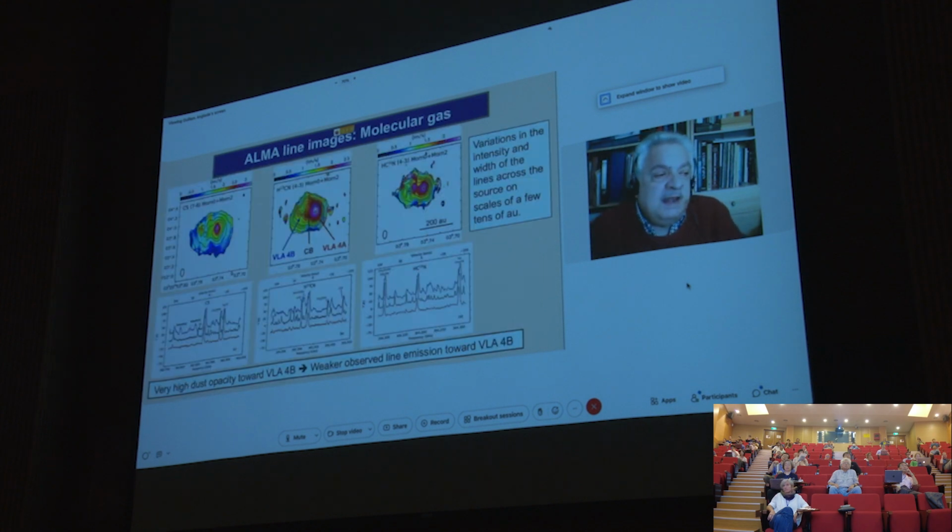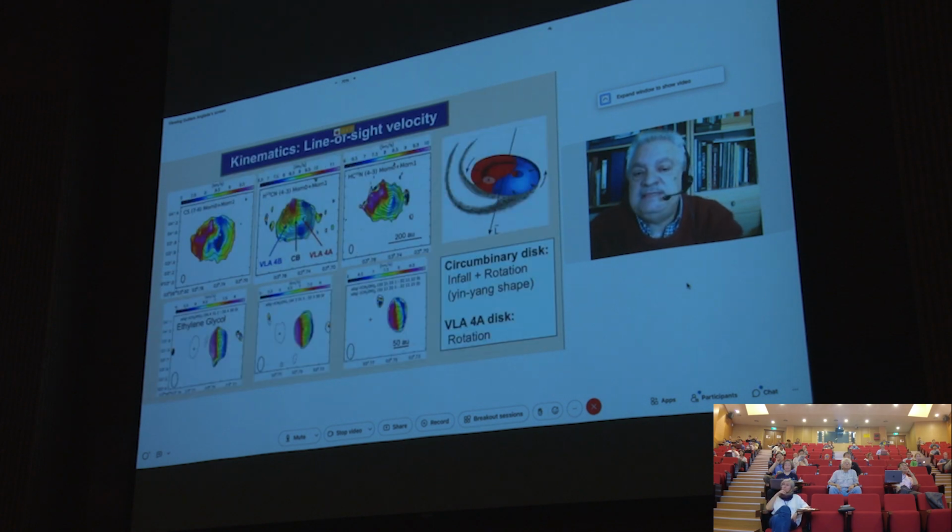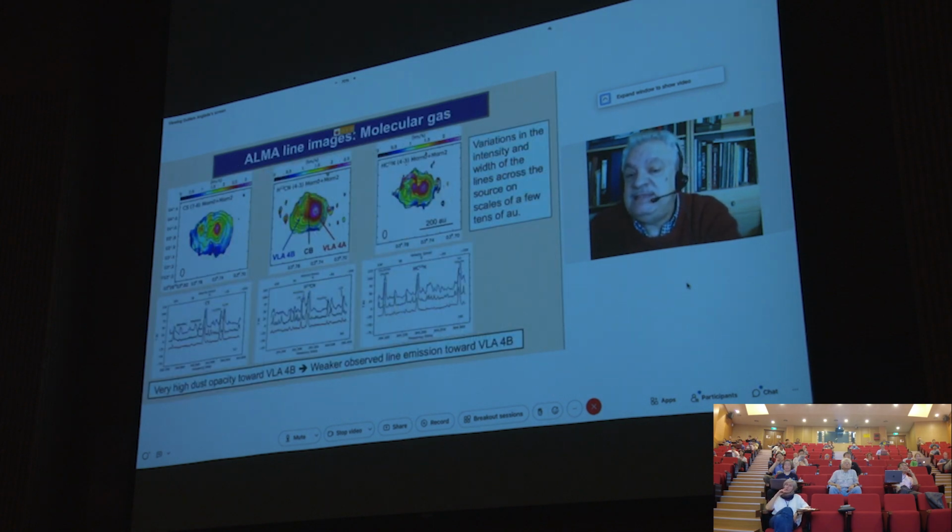From the molecular ALMA lines, we obtain what we think is the circumbinary disk. We see that there are differences in the intensity and the line width across this circumbinary disk. We found many molecular lines, and we know that the emission is much weaker towards the eastern component.